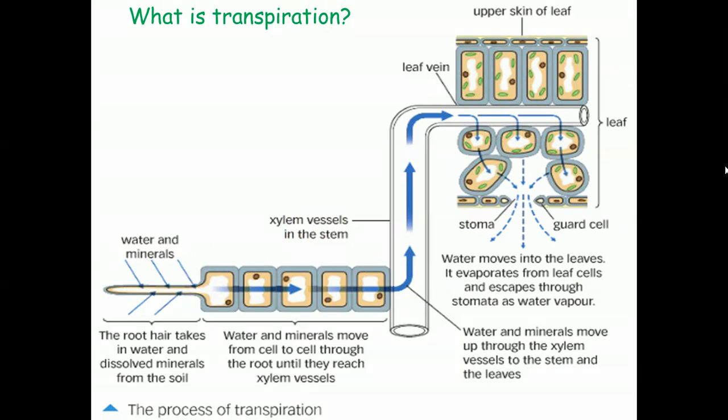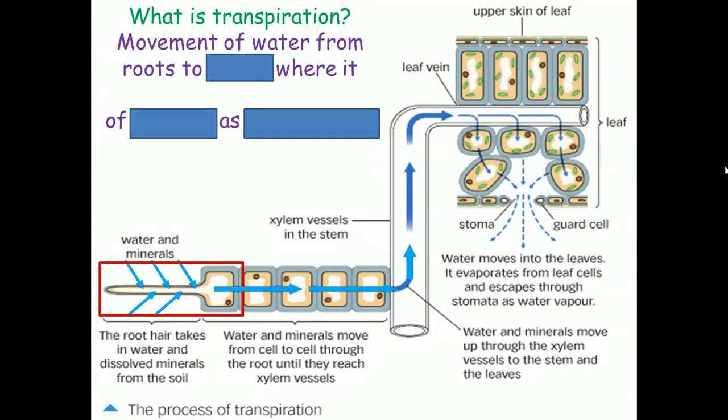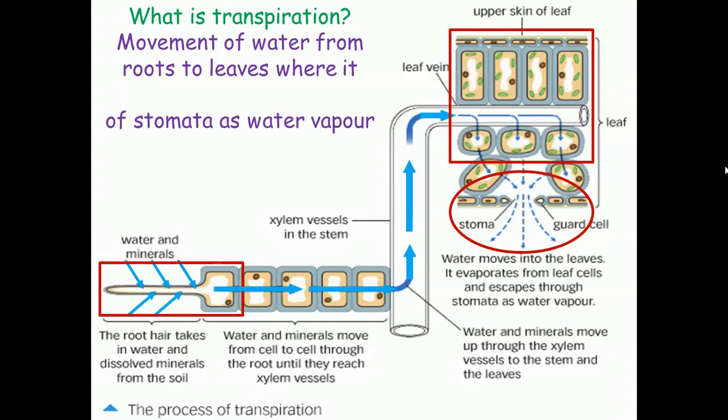What is transpiration? Transpiration is the movement of water from the roots to the leaves, and then it comes out of the stomata as water vapor. And to diffuse out as water vapor, that requires the water to evaporate. So effectively, transpiration is the movement of water from roots to leaves where it evaporates and diffuses out of stomata as water vapor.